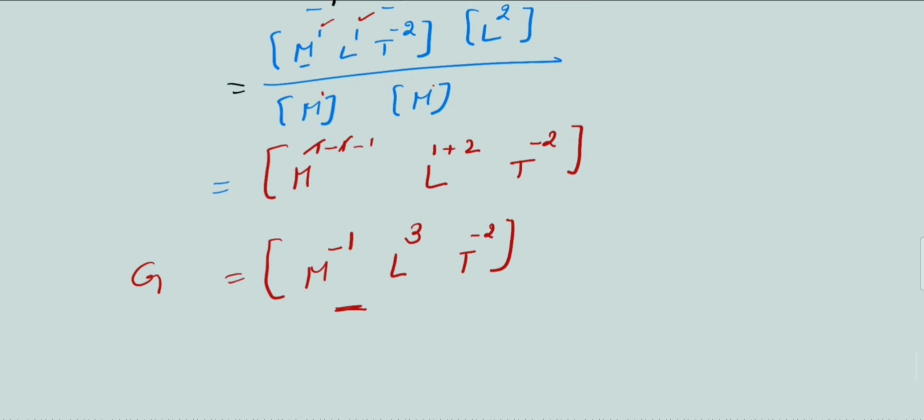So like this we can find the dimensional formula for various physical quantities like moment of inertia, angular velocity. Now let's see the dimensional formula related to heat and thermodynamics. So for that I'll take the specific heat capacity.